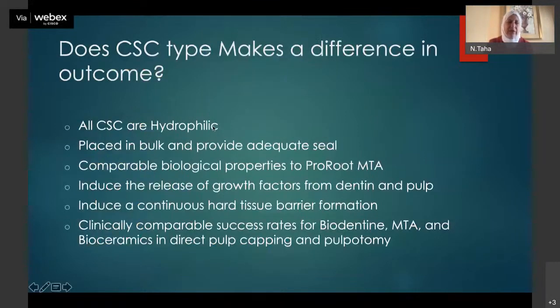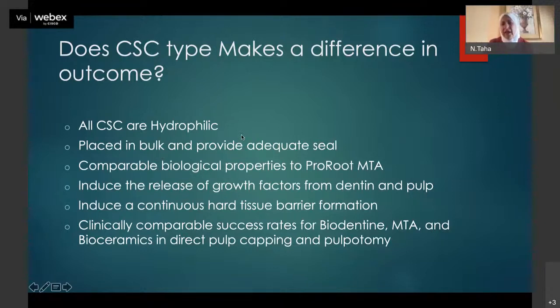All calcium silicate materials you have seen are hydrophilic, so you can place them easily on the pulp, in bulk, so they provide coronal seal by themselves. They have comparable biological properties to ProRoot, which is dentinogenesis and even cementogenesis. They induce the release of growth factors.